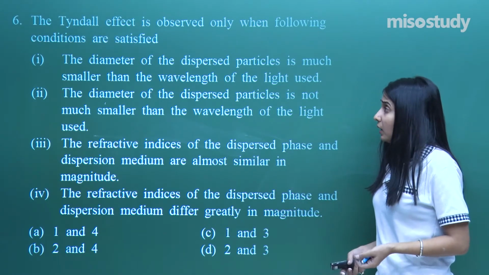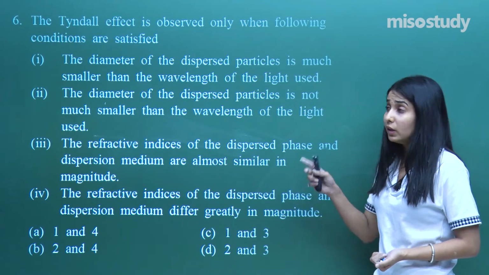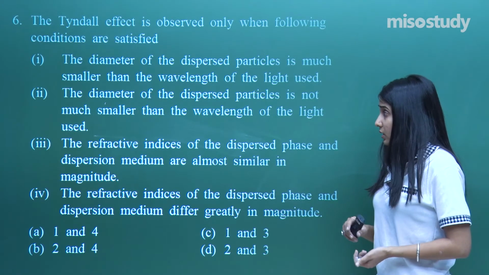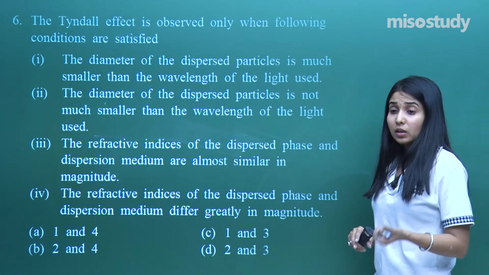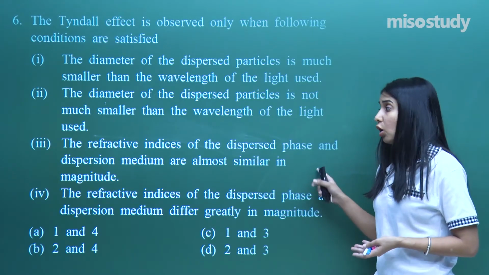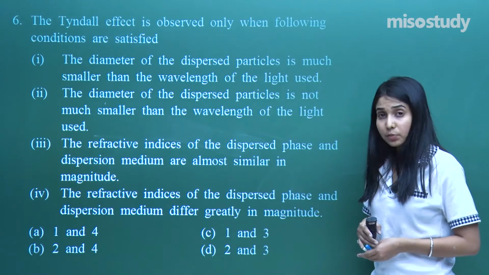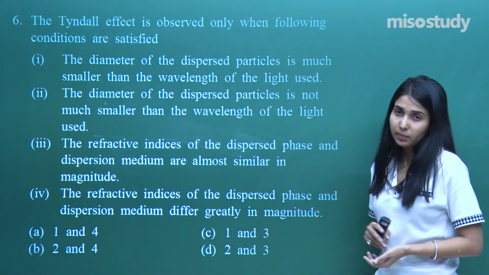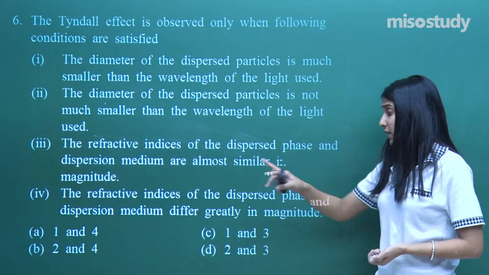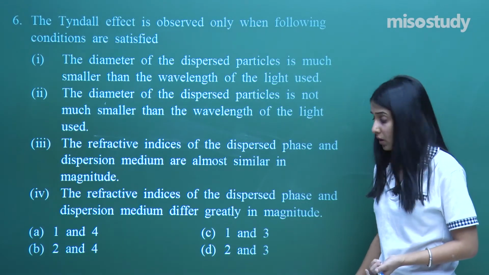The diameter of the dispersed particles is much smaller than the wavelength of the light used, right? Then it says the diameter of the dispersed particle is not much smaller than the wavelength of light used, or the refractive indices of the dispersed phase and the dispersion medium are almost the same in magnitude, right? The refractive indices of the dispersed phase and dispersion medium differ greatly in magnitude.